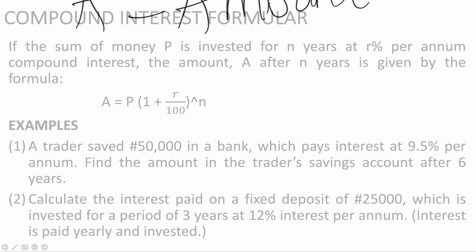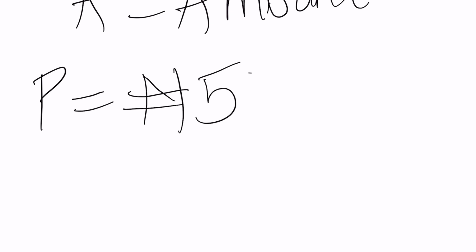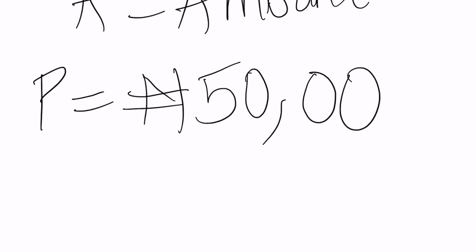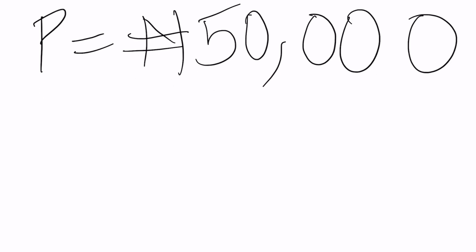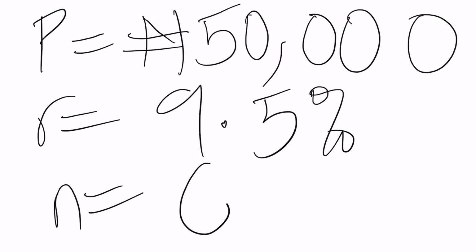So our principal P is 50,000 naira, our rate is 9.5%, and the number of years is 6.